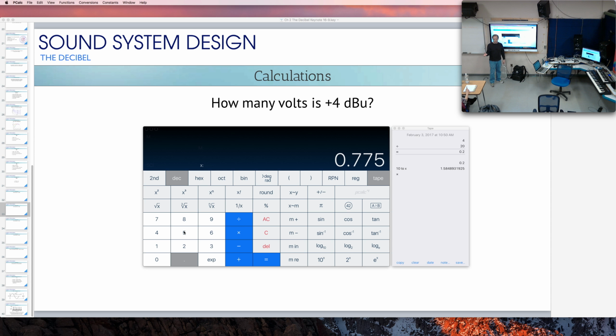I want to know how many volts is plus 4 dBu. So I'm looking for a value that is 4 dB more than 0.775. So I'm going to take that number, multiply it by 0.775, and I get 1.23 volts. That's another one that should go into your long-term memory.